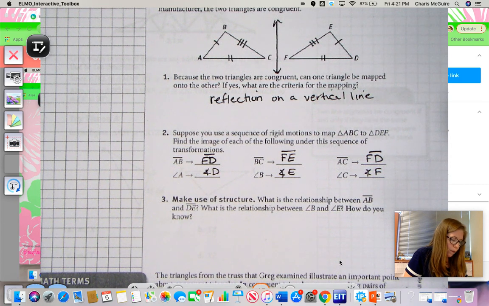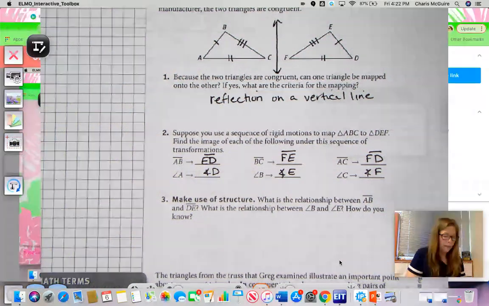All right, number 3: what is the relationship between segment AB and segment DE? What is the relationship between angle B and angle E? How do you know? So I would say they are congruent because they match and they have the same shape and the same size, right?